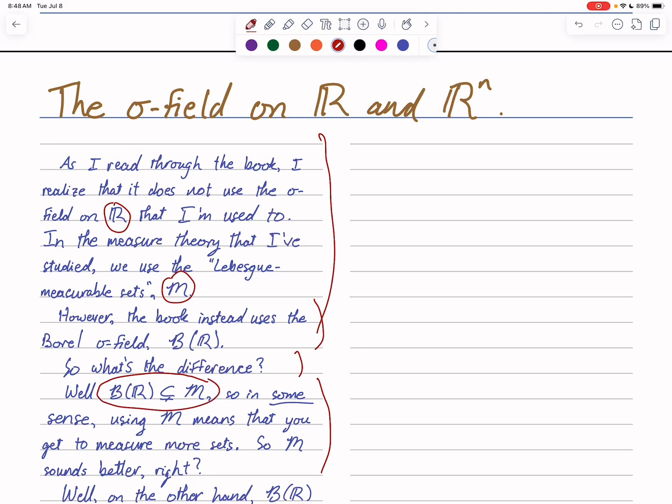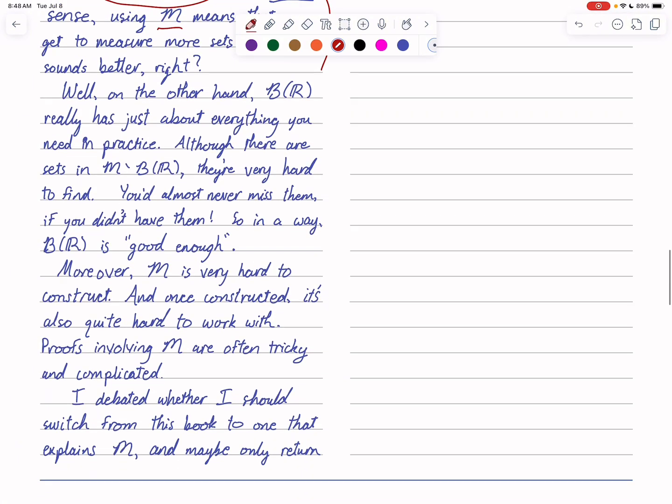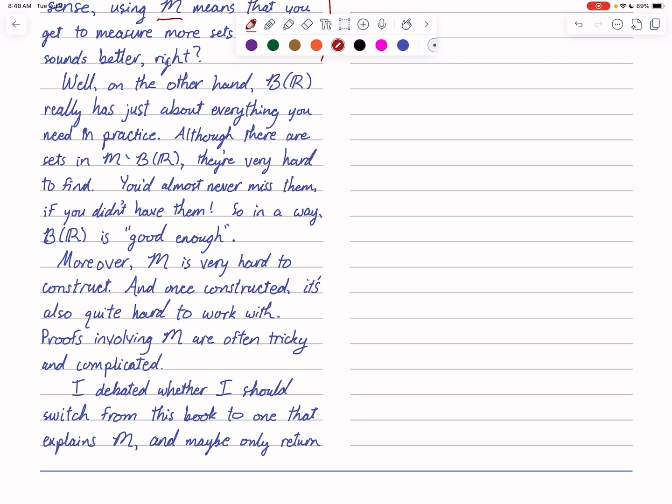So in some sense, a difference between them is that when you use the Lebesgue measurable sets, you get to measure more sets. So the Lebesgue measurable set sounds better, right? Well, on the other hand, the Borel sets actually have just about everything you need in practice.